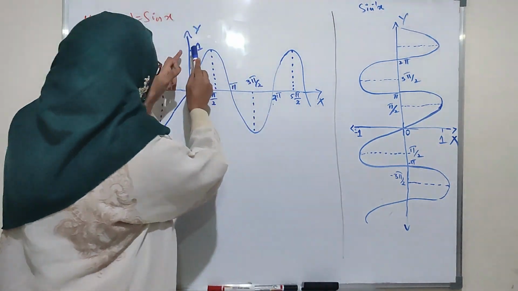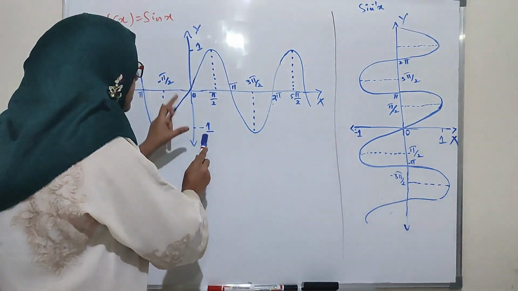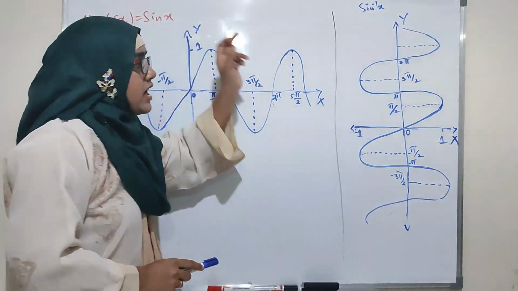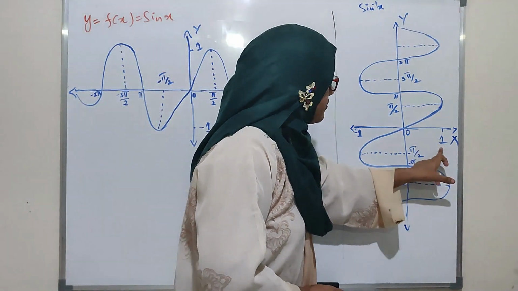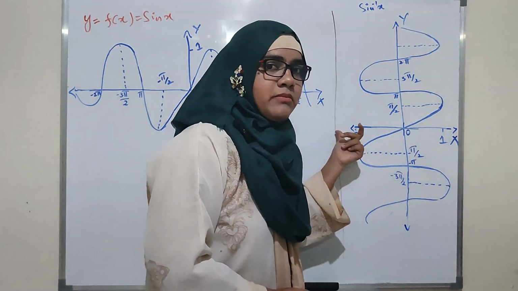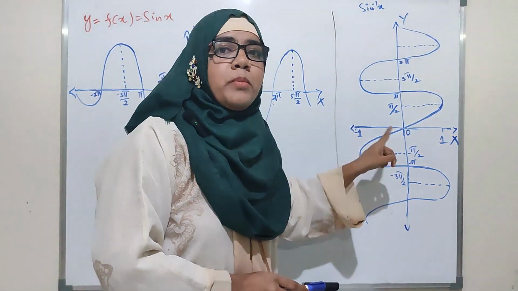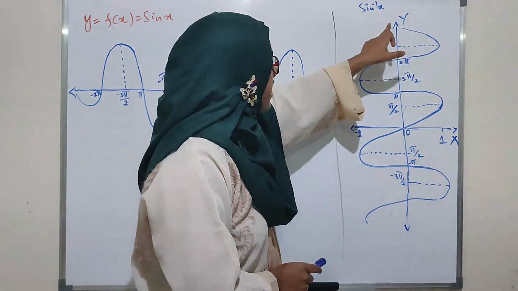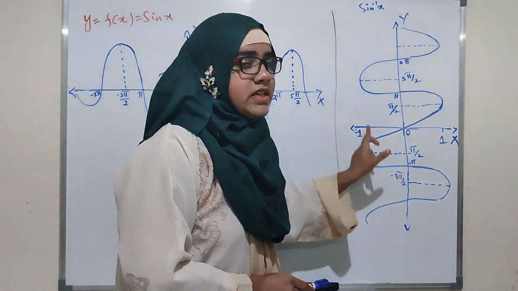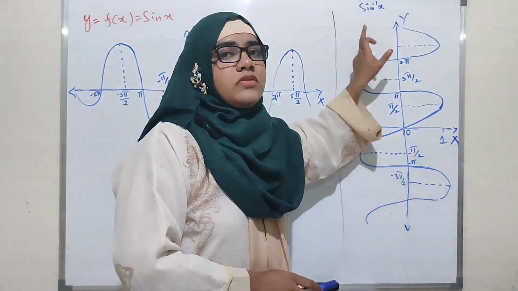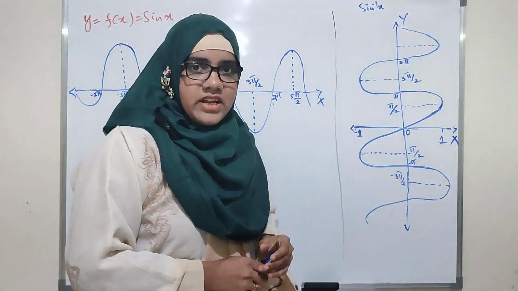See here, this is the y axis, -1 and 1. It is the range for sin x. But here for x we are taking 1 and -1. Then -1 and 1 become the domain for sin inverse of x, and all real values become the range for sin inverse of x.